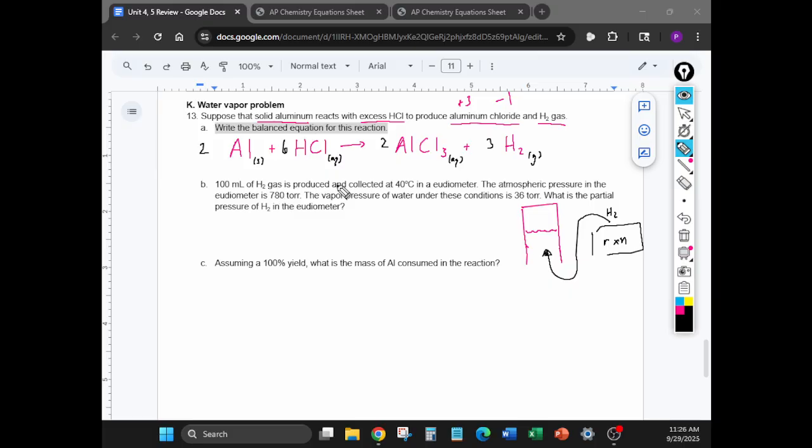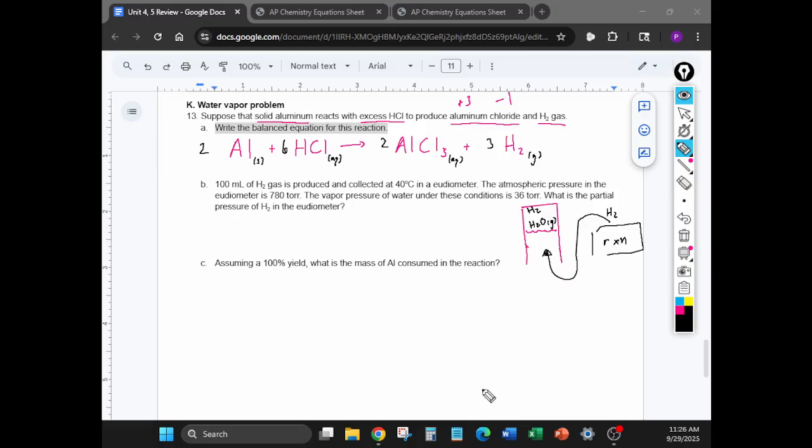Okay, it gives us these conditions for the experiment, but the key thing to remember is that when you collect a gas over water, you have the gas that you're collecting, so H2 in this scenario, but you're also going to have H2O gas up there as well. Okay, because water vaporizes even when it's not boiling, so there's going to be some water molecules trapped with the H2.